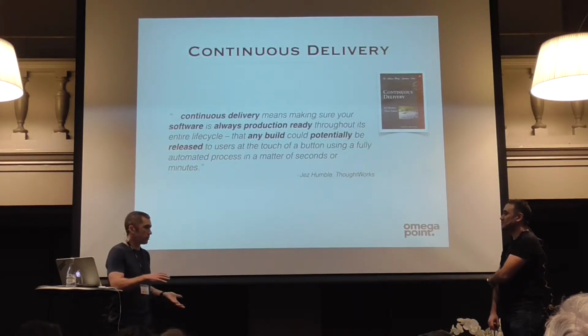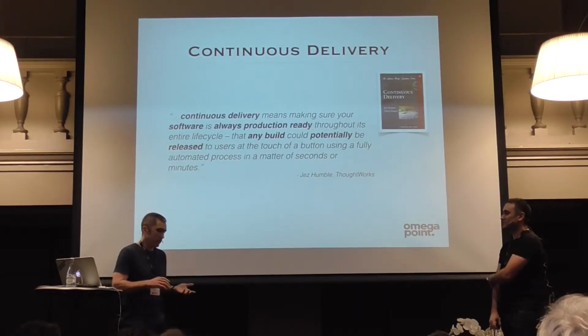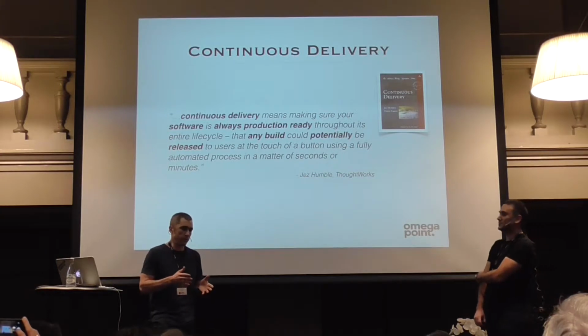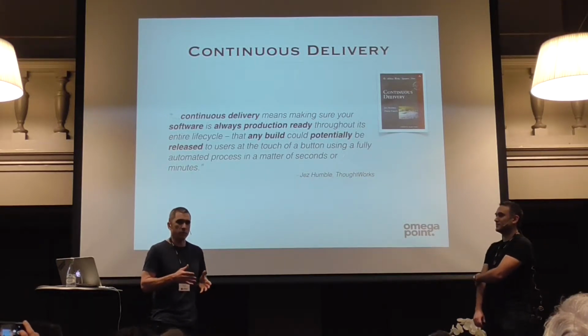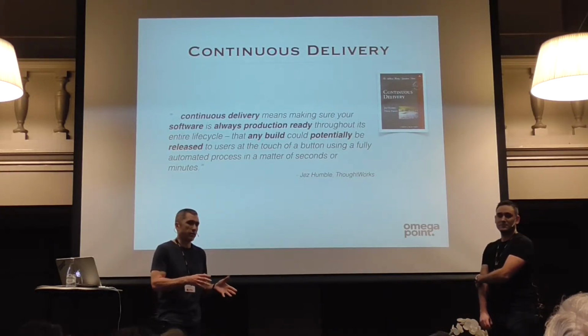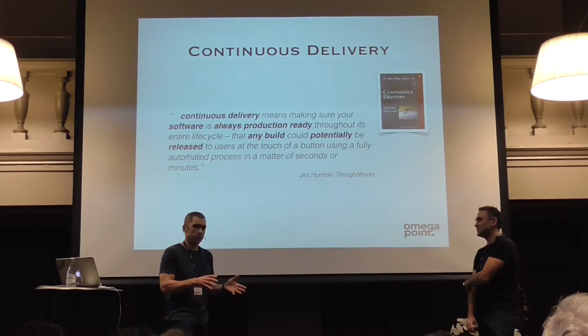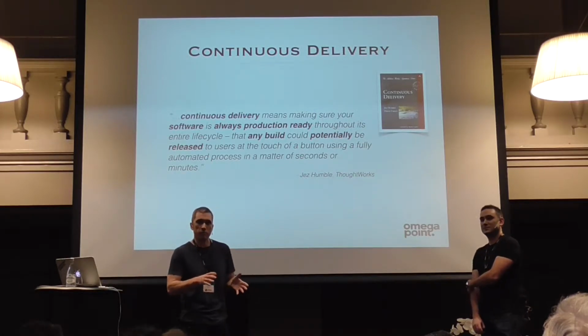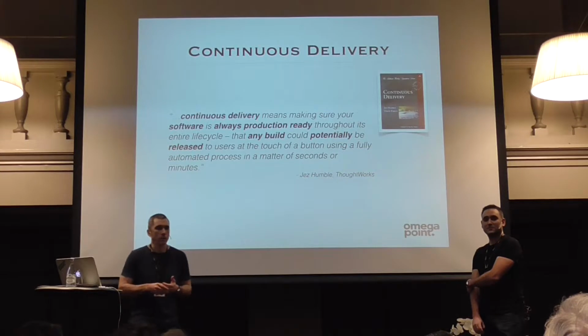So if we move on to continuous delivery, you need to understand that continuous integration is more or less a prerequisite for doing continuous delivery. If you're not doing continuous integration today, or if you're struggling at it, then the tip is to get that sorted out first before you start looking at continuous delivery.